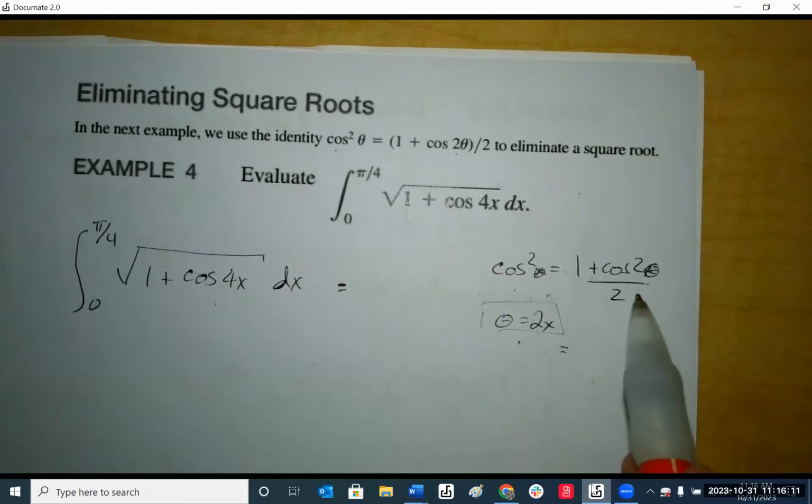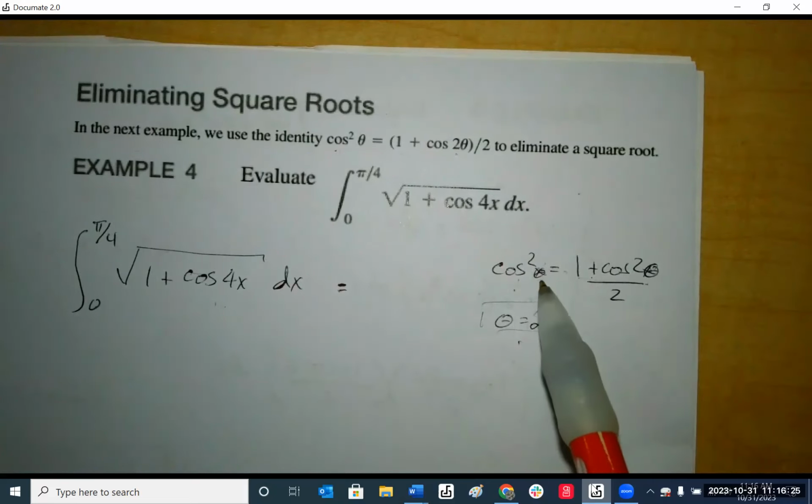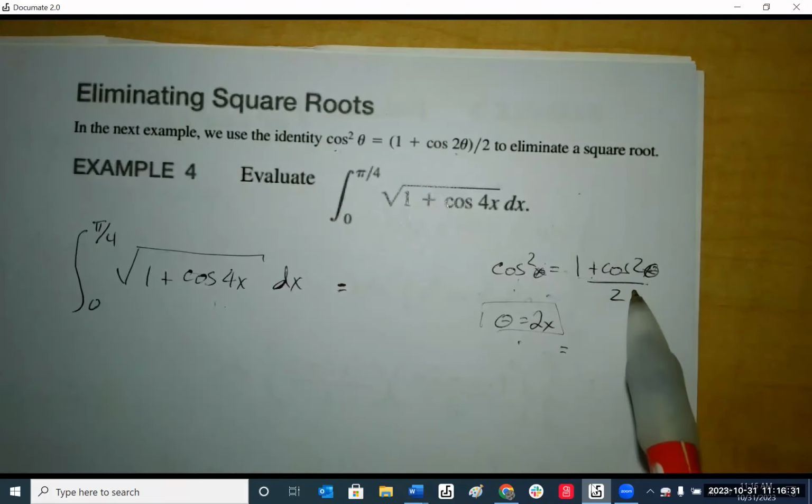What's our identity for this one? Cosine squared x is equal to this identity.